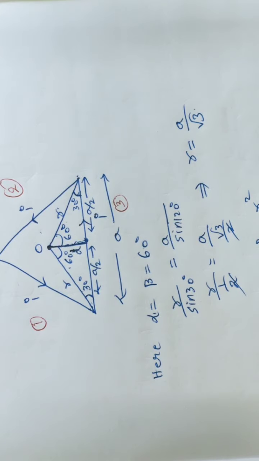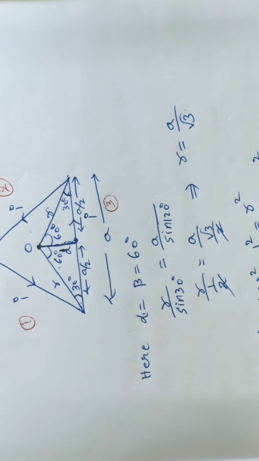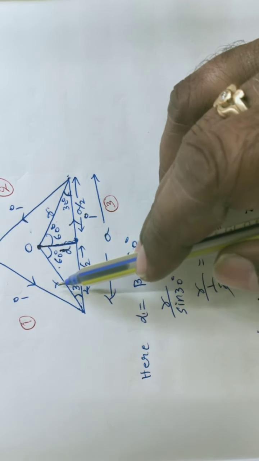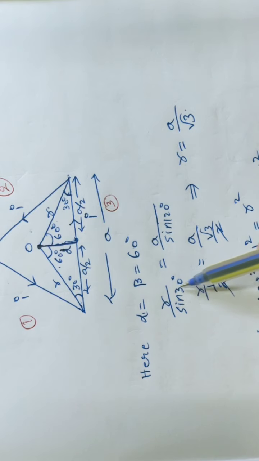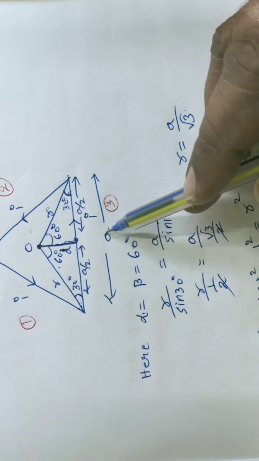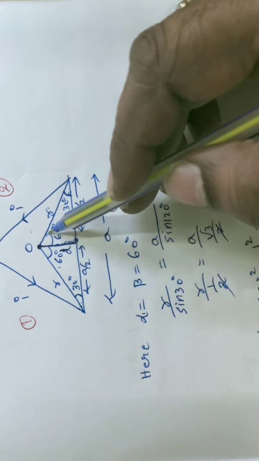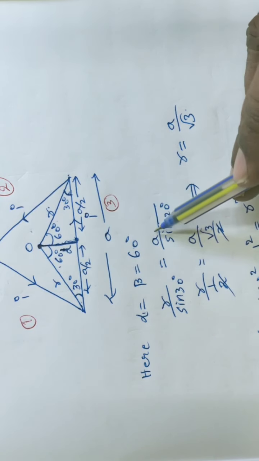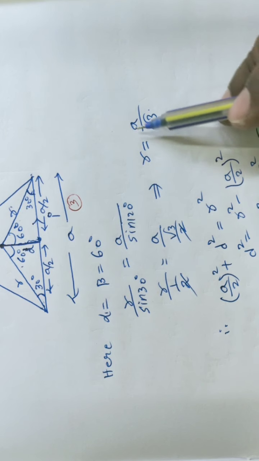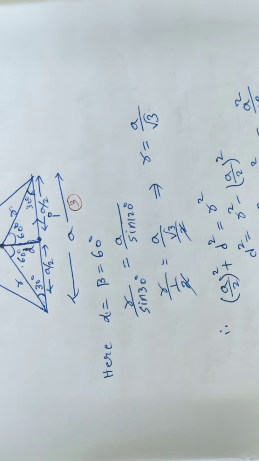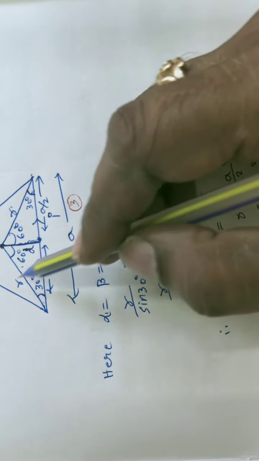Then by the sine rule, by trigonometric concepts, r is opposite to the angle of 30 degrees. Therefore r divided by sine 30 degrees is equal to a divided by sine 120 degrees, since in front of a the angle is 120 degrees. On simplification we will get r value is equal to a by root 3. So find the r value, students.